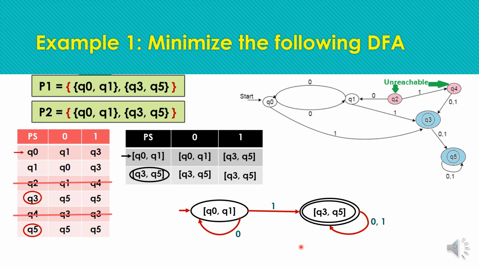So this is the resultant transition diagram, or we can say that this is the minimized DFA for all the strings that must have a single 1 for acceptance.